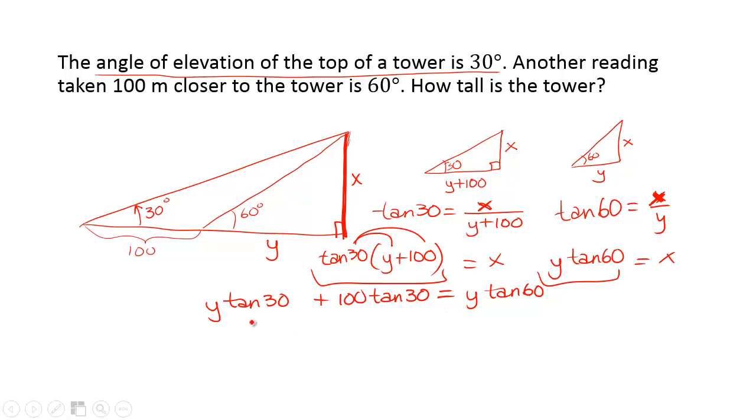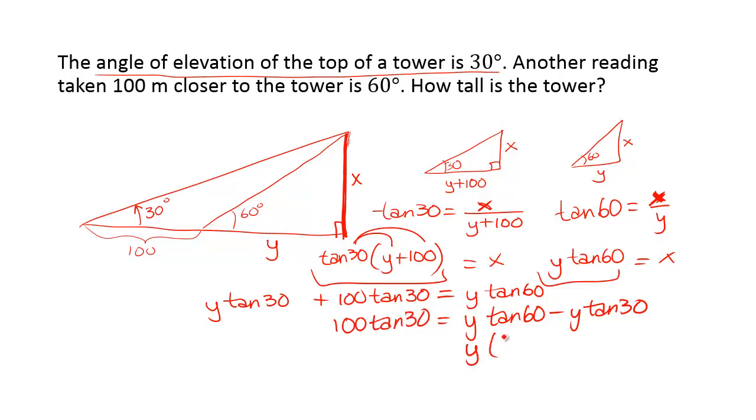Let's get the y's together so that we can solve for y. So we have y tan 30 minus y tan 60 is equal to negative 100 tan 30. So we can subtract y tan 60 minus y tan 30, giving us 100 tan 30.